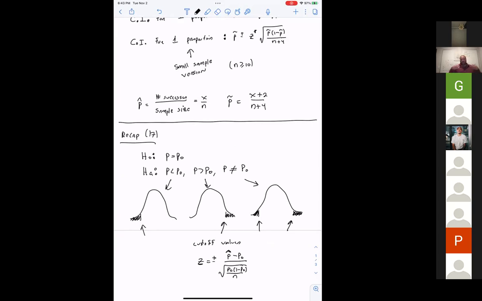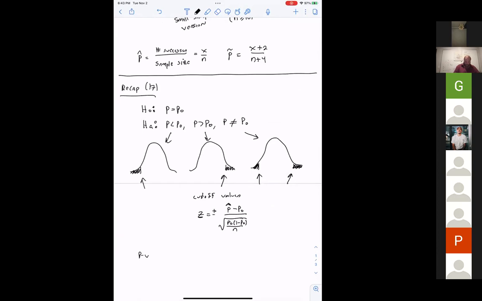And what is the probability of being past that? That was the p-value. So the p-value equals the probability of being past the actual value. I could say this, being past z, being past this value z.